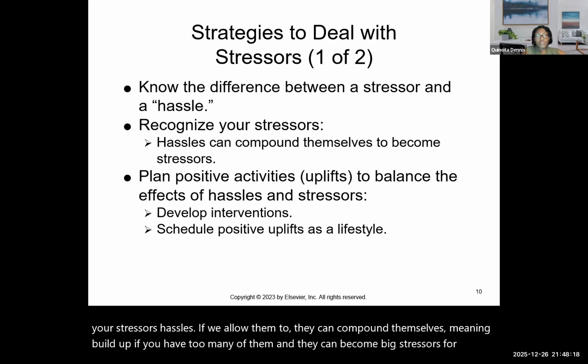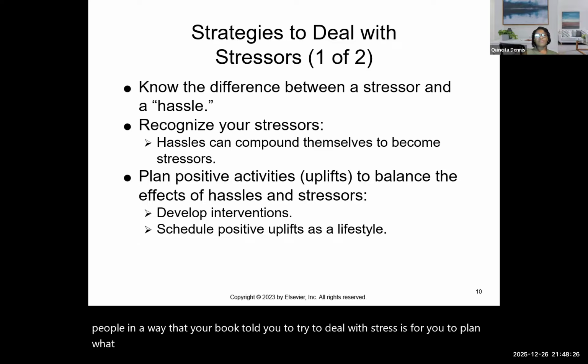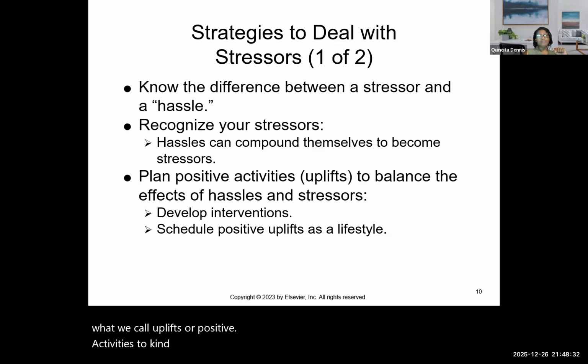And a way that your book told you to try to deal with stress is for you to plan what we call uplifts or positive activities to kind of buffer or reduce the stress. So an example of a planned activity for someone might be, I'm going to go to the spa.